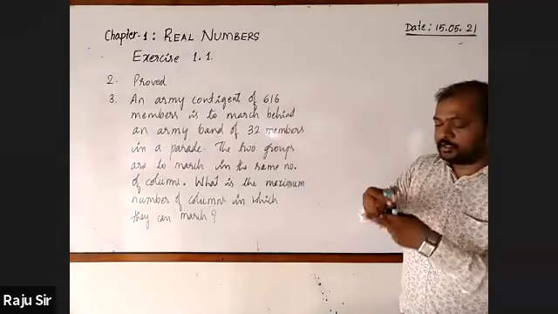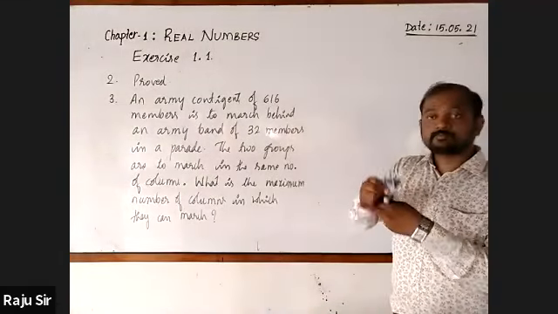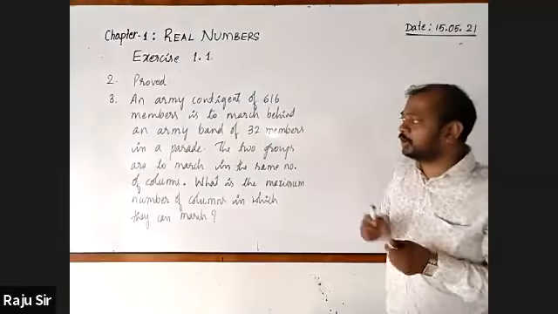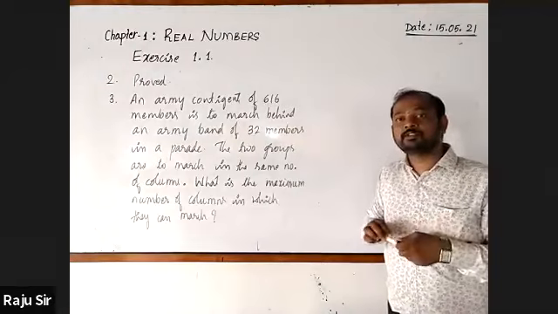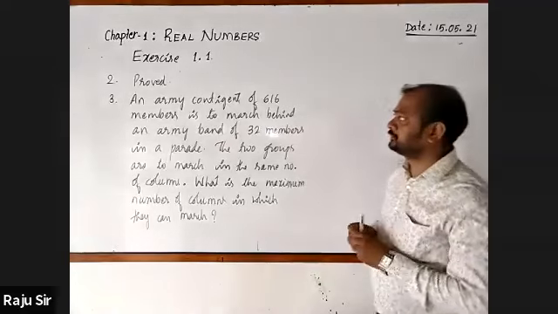Hope that you have copied this completely. We need to find HCF, sir. You need to find out HCF. But how did you come to know it belongs to HCF? Sir, because they asked the maximum number of columns. Very good. Listen carefully.